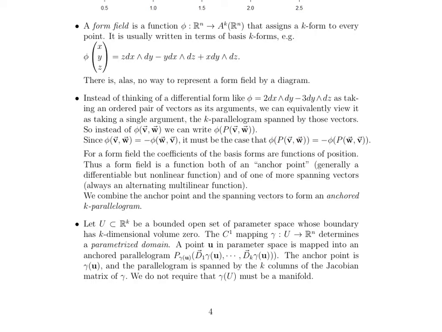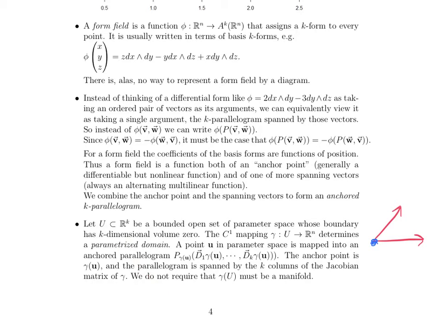So you can think about two vectors v and w, and then their anchor point is right here. And all three of those things, the location of that anchor point, as well as the two other vectors, contribute to the value of the form field. So that's how you want to think about them when you're dealing with form fields. Not only do they depend on where you are in space, but they also depend on the k-parallelogram that's anchored at that point.